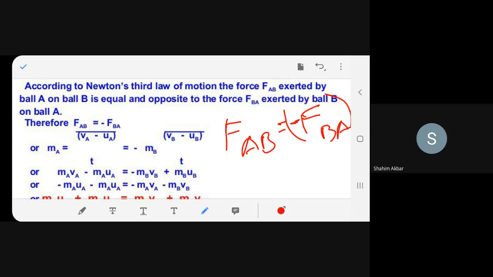Do you understand? Yes, ninth standard. Did you understand this? FAB is equal to FBA. Action is equal to reaction, but it is opposite in direction. So how do I show opposite? By putting a minus sign. Have you understood?